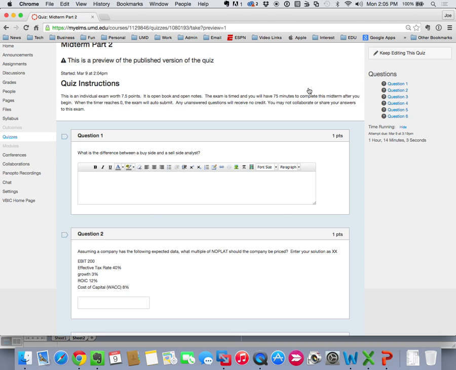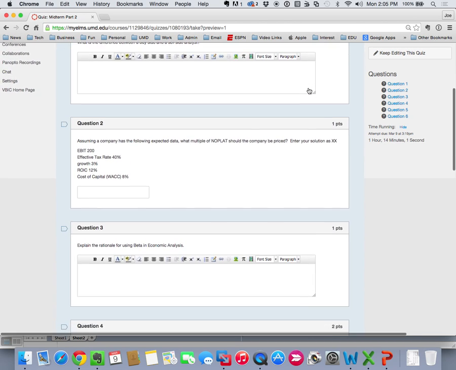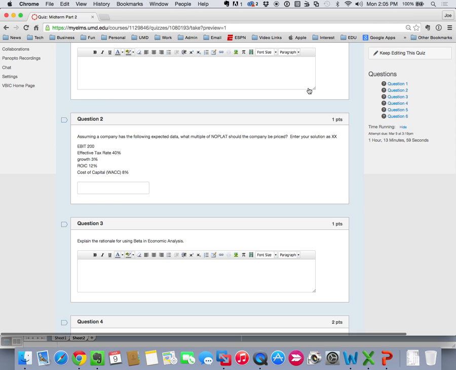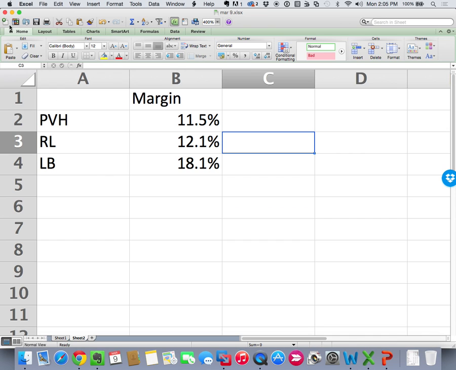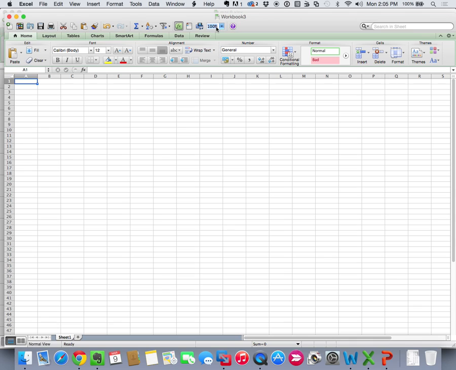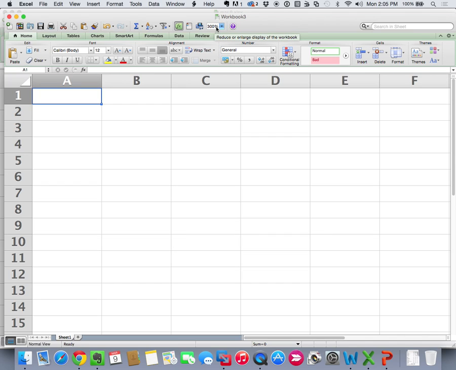Okay. All right, question number 2 was the only math question. It was just basically, could you use the key value drivers equation? So if you opened up Excel, make it a little bit bigger, but we needed our NOPLAT, we needed our growth, we needed our ROIC, and we needed our cost of capital.